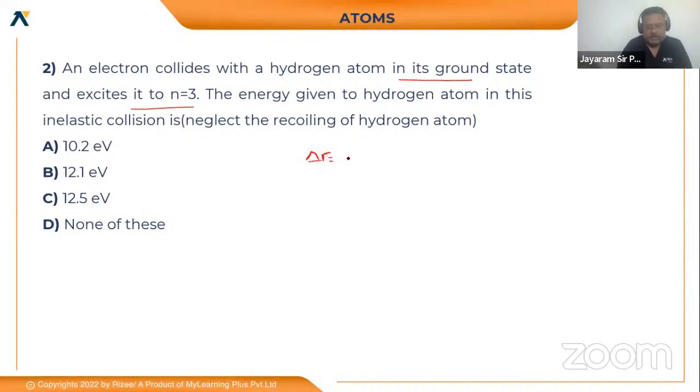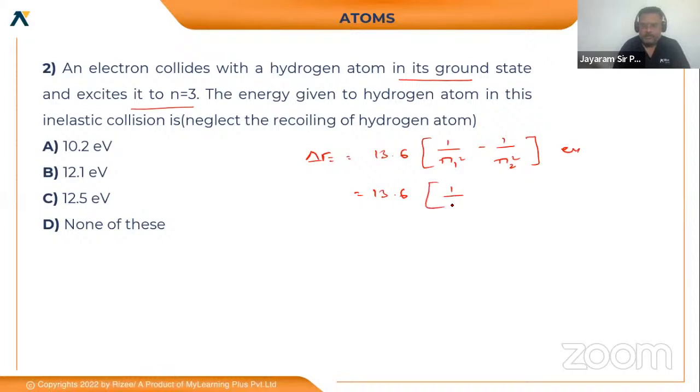So as we know, energy released is equal to 13.6 into 1 by n1 square minus 1 by n2 square. This is in terms of electron volts only.